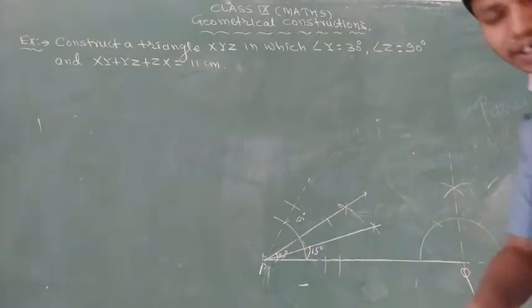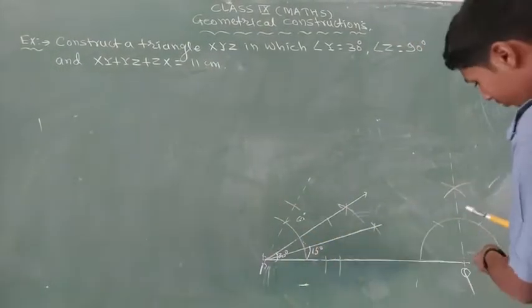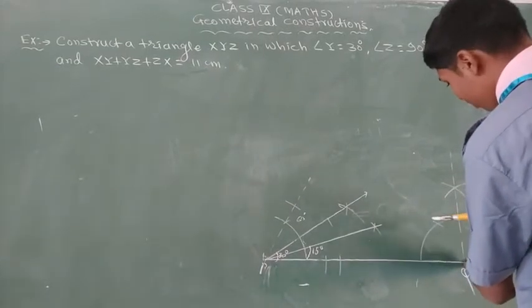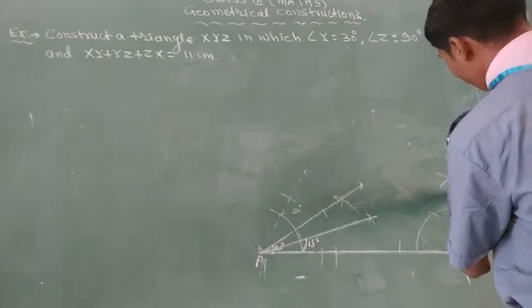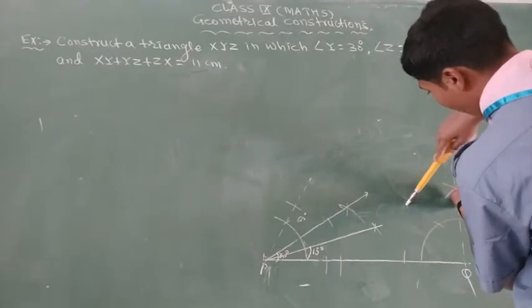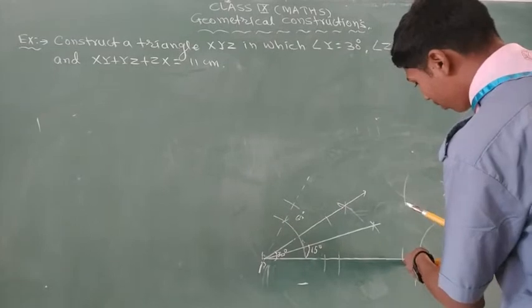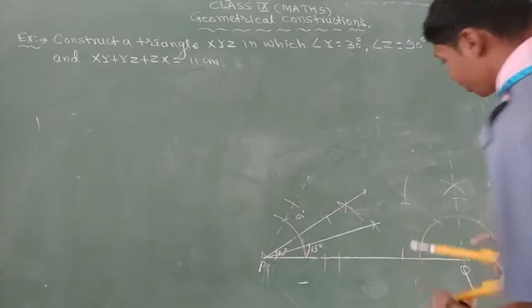Now for bisecting it, we draw one arc here, taking the reference of these arcs. We take this here and this here and intersect.